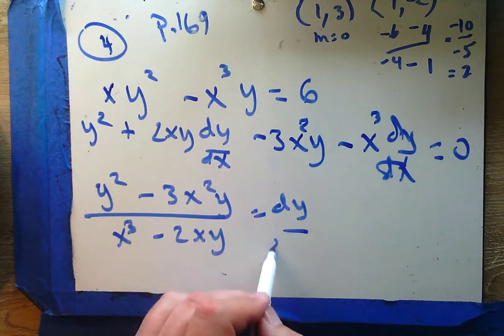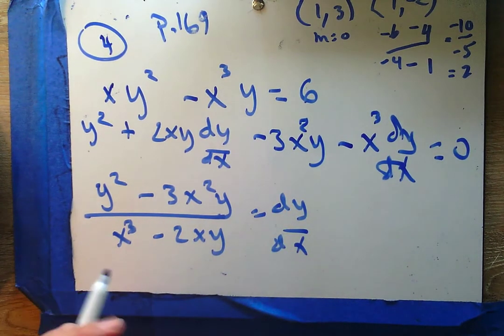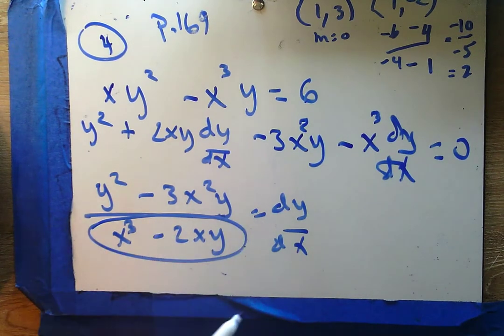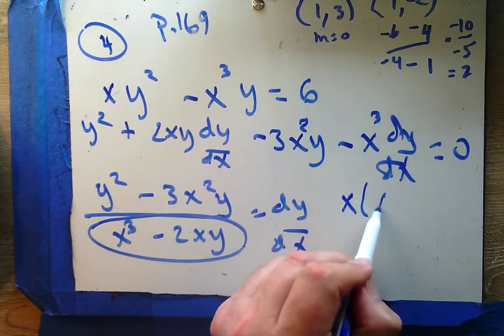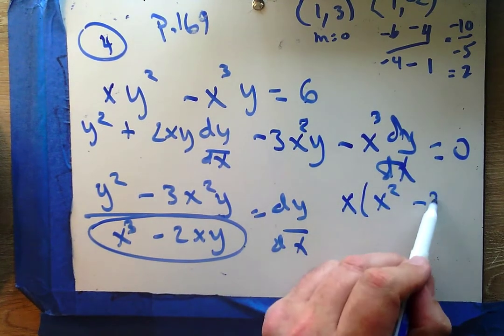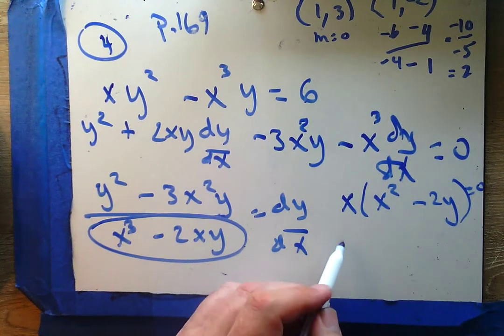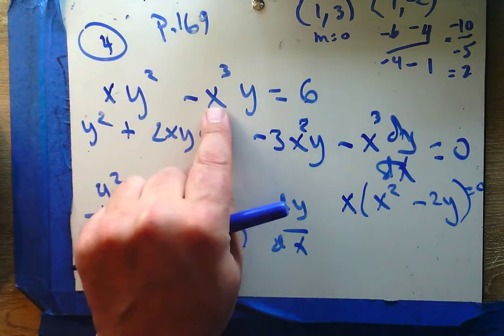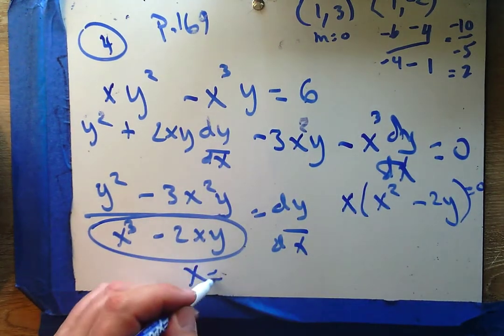I believe this is the derivative. All right, so we want it undefined, which means the denominator has to be equal to 0. So x squared minus 2y equals 0. So when x equals 0, I put a 0 there, I get undefined. So x equals 0.